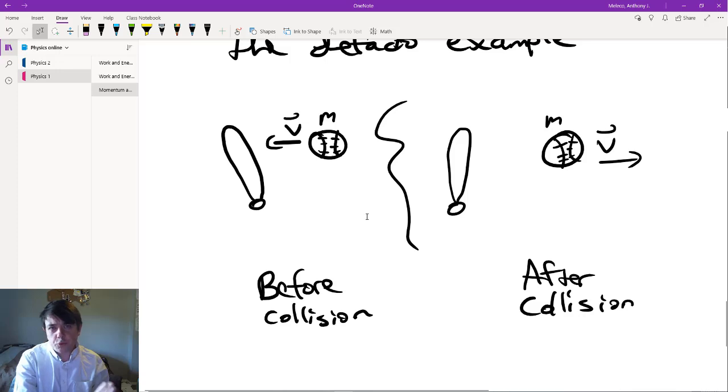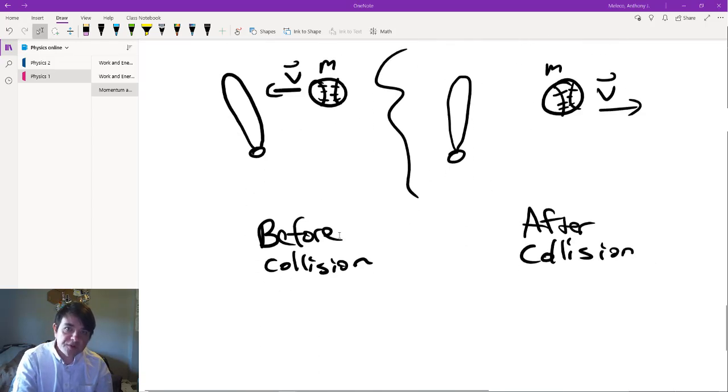If you were to look at what happens during that, it would be very, very challenging. So what we do is we just look at the momentum before and the momentum afterwards, and then we can figure stuff out from there. It's kind of like when you're dividing by 0. You examine the graph around it rather than what's occurring at it, which is impossible. So that's why this is useful.